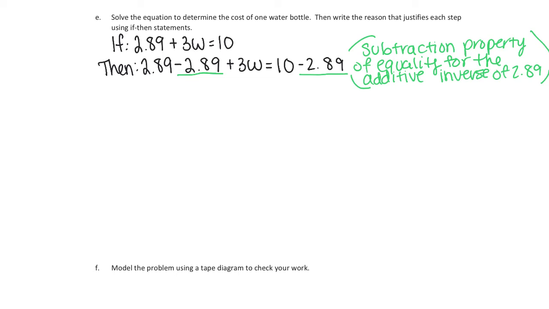All right, so now we know that if 0, because 2.89 minus 2.89 is going to give us 0, if 0 plus 3W equals 10 minus 2.89, well, when I do 10 minus 2.89, I'm going to get 7.11.